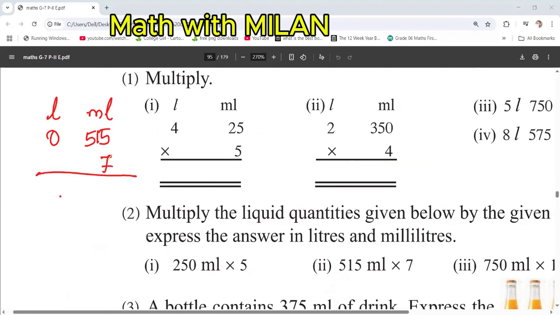You see, 7 into 5 is 35 and 3 carries. 7 into 1 is 7 plus 3 is 10. 0, 1 carries. 7 into 5 is 35. Again, 35 plus 1 is 36.